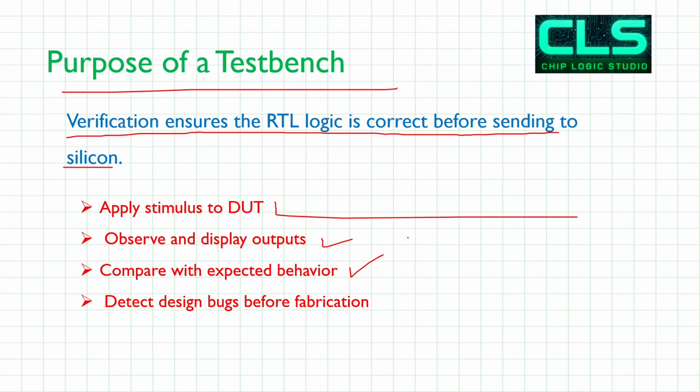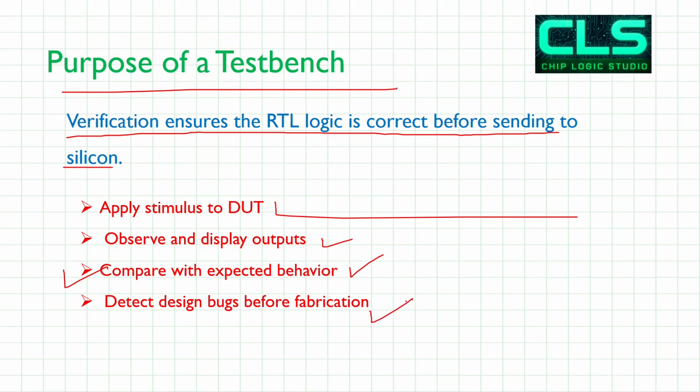We can mimic the behavior of your DUT and check whether the outputs are as expected or not. But in a simple Verilog testbench we are not doing this. We will see this more deeply in our SystemVerilog course. For now it is not important. Detect design bugs before fabrication.